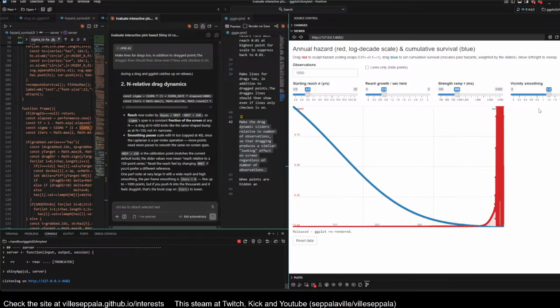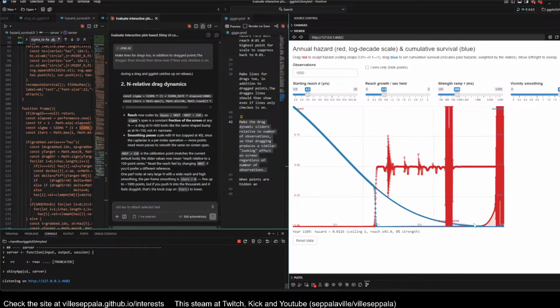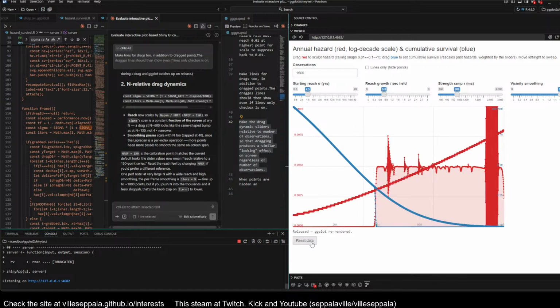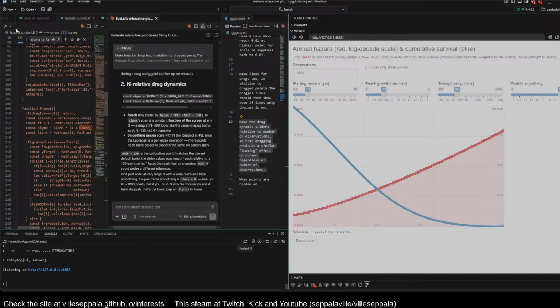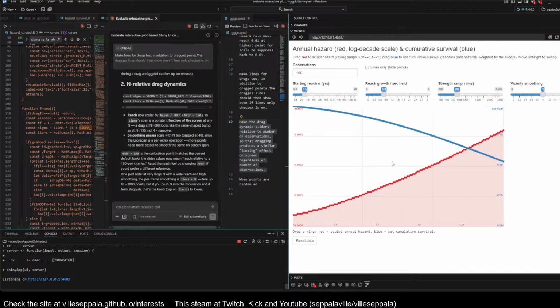Well, I'm not sure it's about smoothing. I'm just gonna do kind of like start it again. So I think this might fix it.